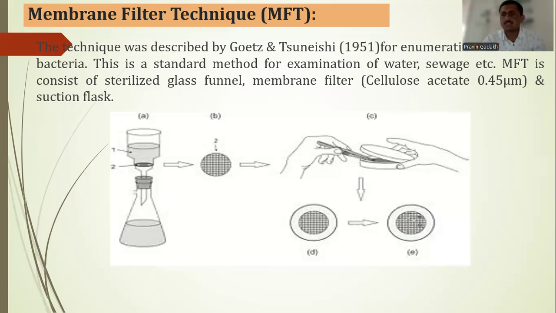As we have already discussed the dilution technique in case of standard plate count, if the water sample is more turbid and the microbial load is high, the dilution technique can be used. In this diagram we can also see the membrane filter technique. These parts are already aseptically sterilized. Here, in that funnel, we have to add the membrane filter.